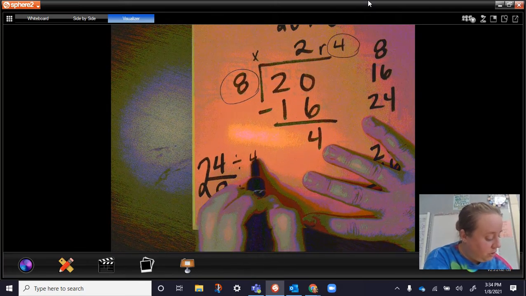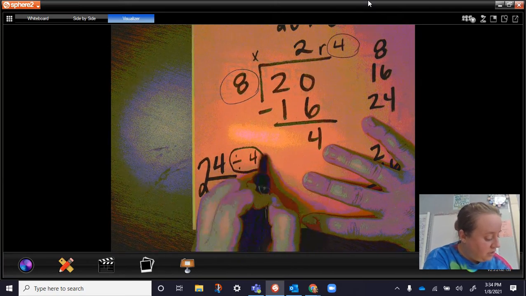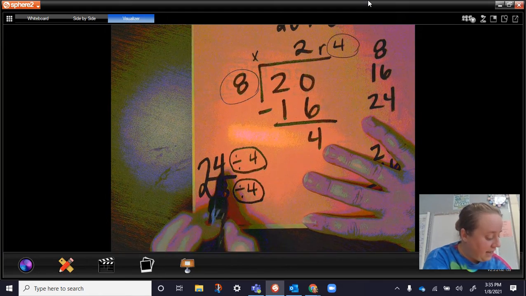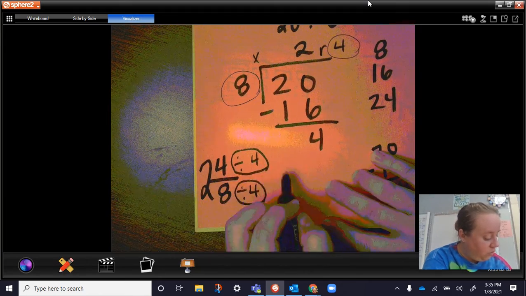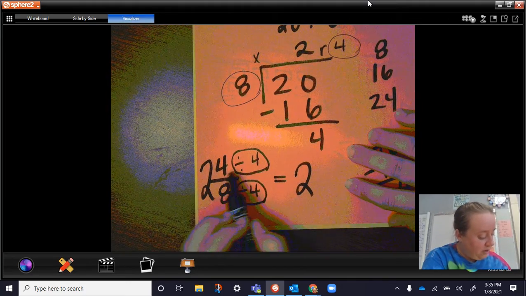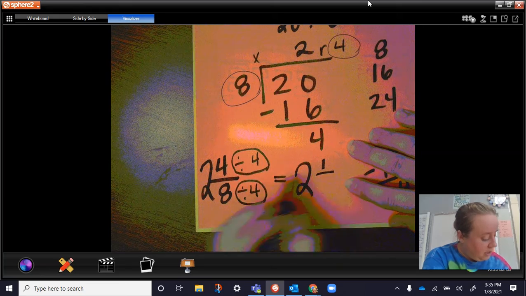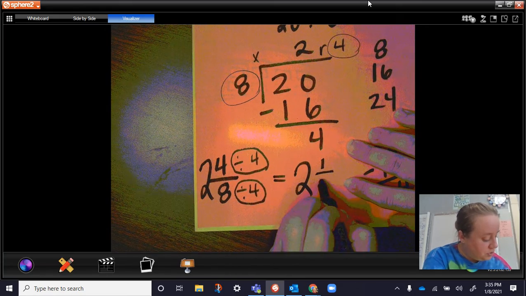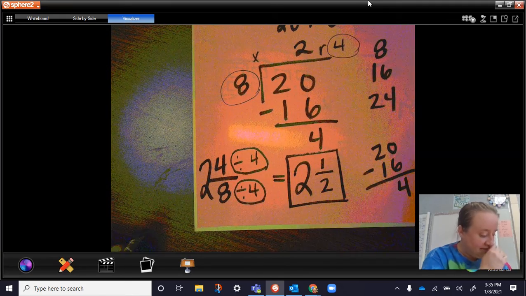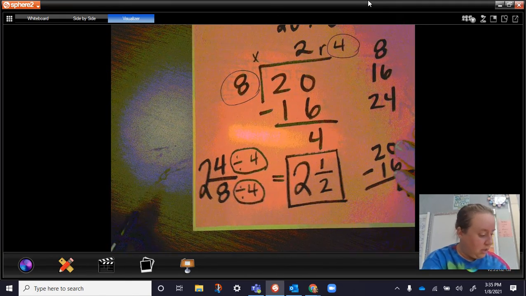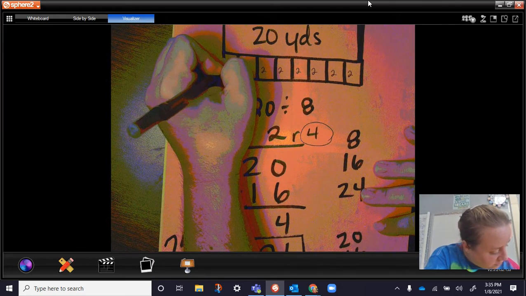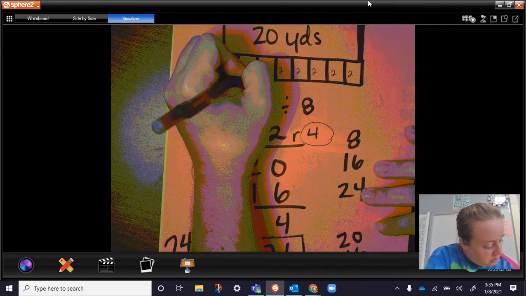We can choose a number that is divisible by each of these, 4 and 8. 4 divided by 4, we're still going to have our 2 wholes. 4 divided by 4 is 1, and 8 divided by 4 is 2. So 2.5 is how long each of the little pieces, or each of the tablecloths, are going to be.